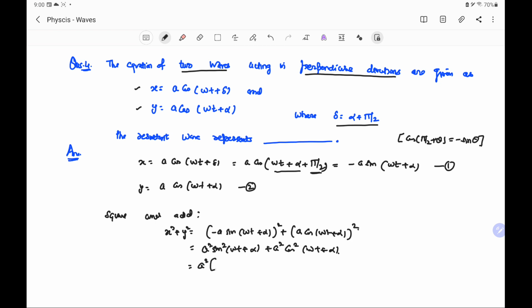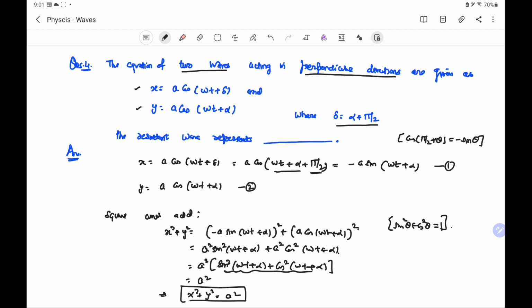A square is common, and sine square theta plus cos square theta is equal to 1 for each angle. This will give a square. Therefore, we have the relation in x and y as x square plus y square equal to a square. Therefore, the superposition of these two waves results in a wave of the shape of a circle.